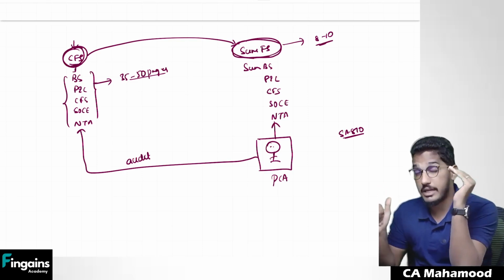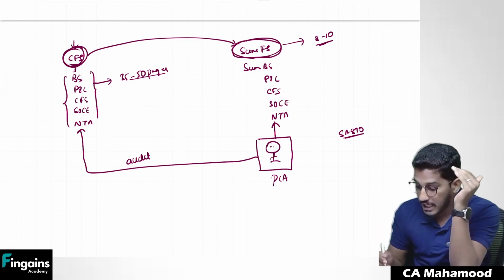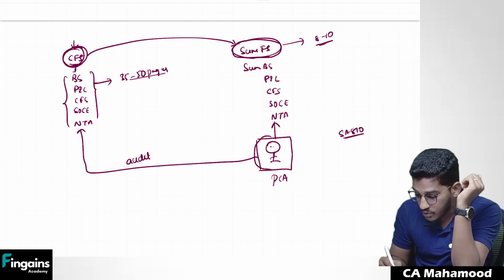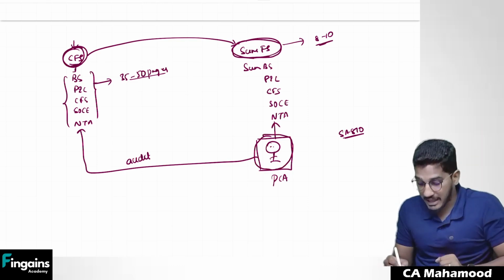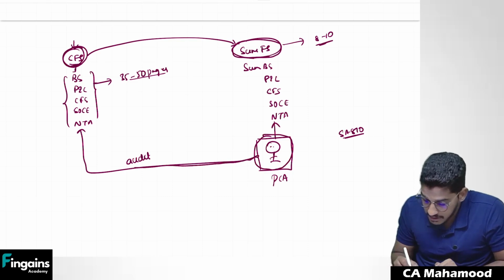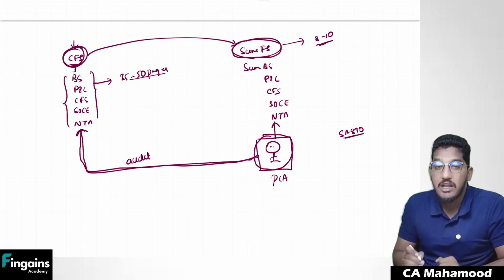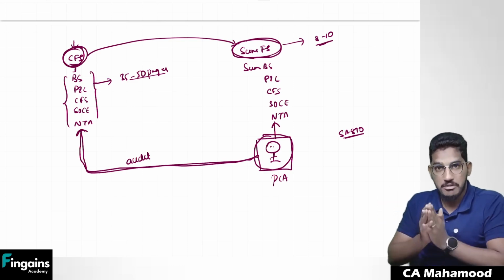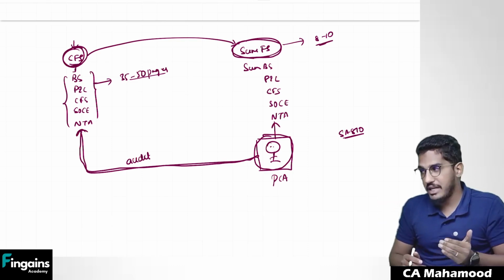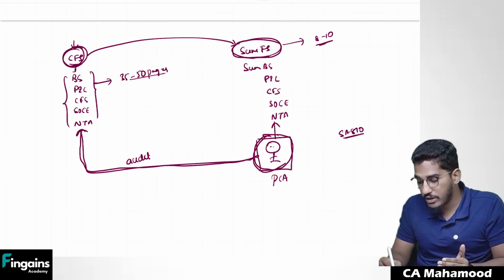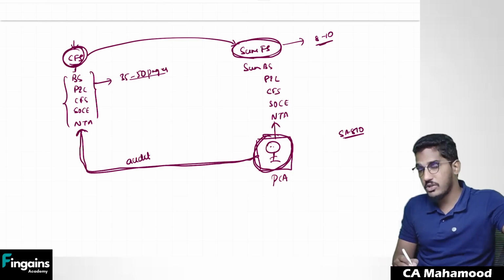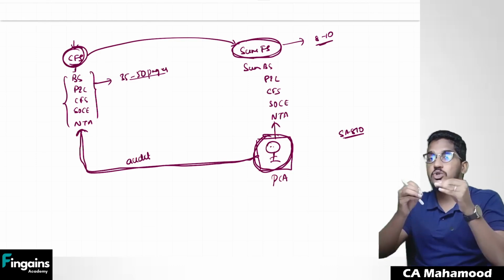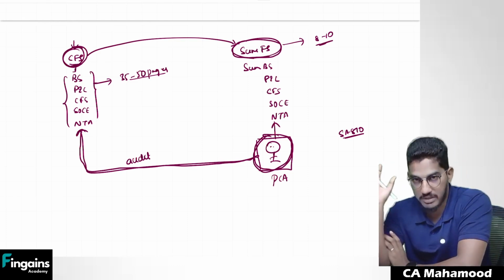Which means if the client is approaching you and asking you to do the audit of only summary financial statements, and you are not the person who has conducted the audit of the complete financial statements, you should straight away reject that engagement.